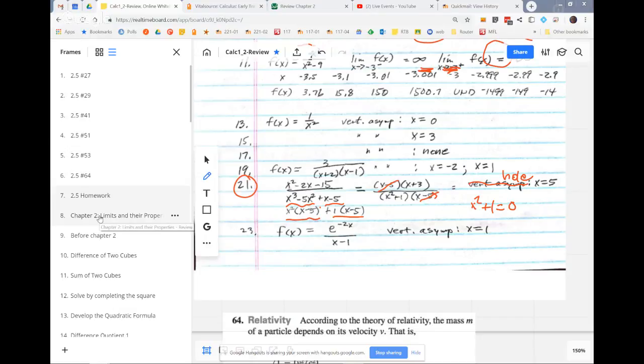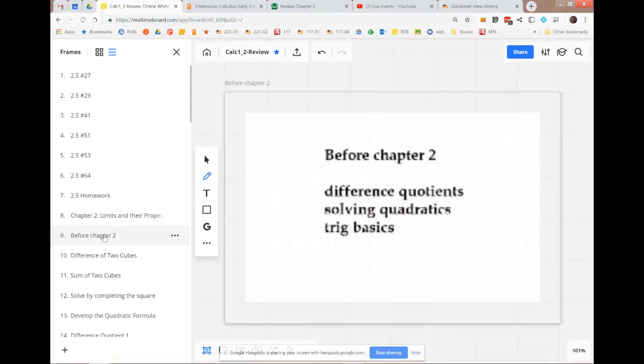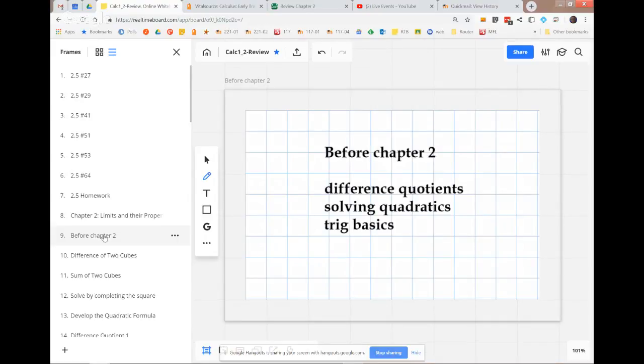Okay. All right. So to begin reviewing chapter 2, it's all about limits and their properties. I first put down a couple things that came up before chapter 2 that you would want to hang on to. You should all know how to do a difference quotient. Remember what a difference quotient is? f of x plus h minus f of x all over h.